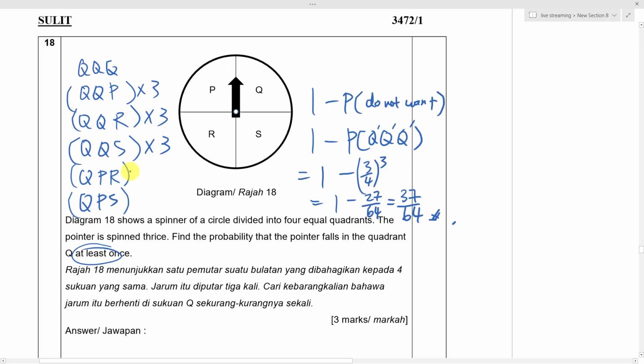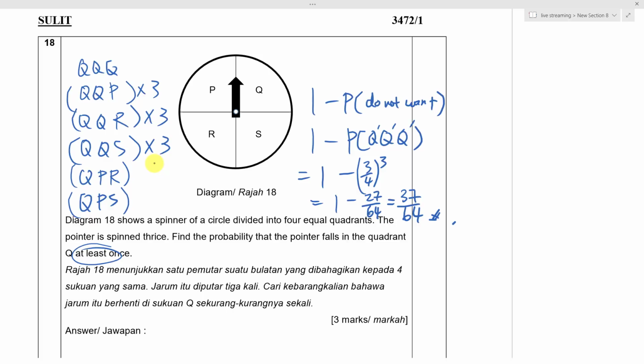Yeah, you need to work out every single one for at least one Q. If you want to do it manually, you need to list them out one by one, so it's going to take you some time.